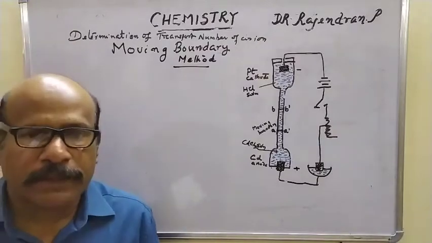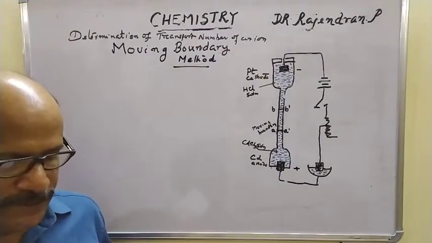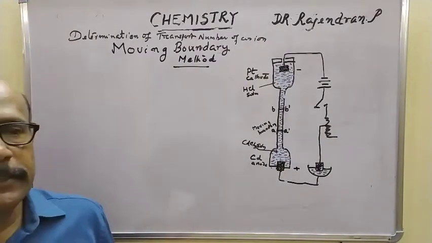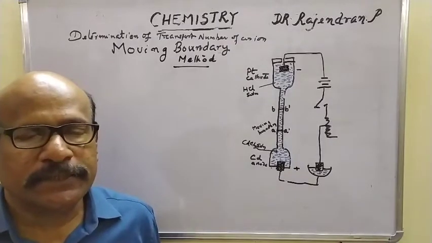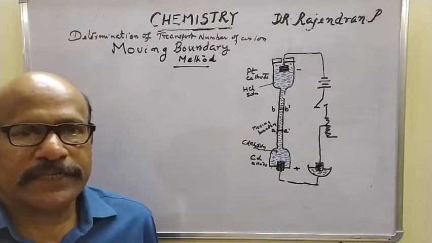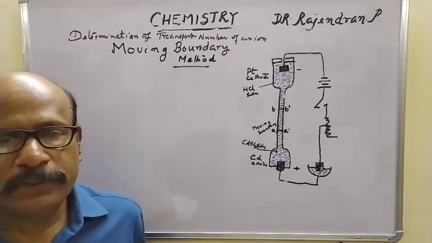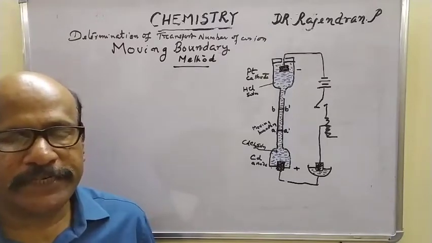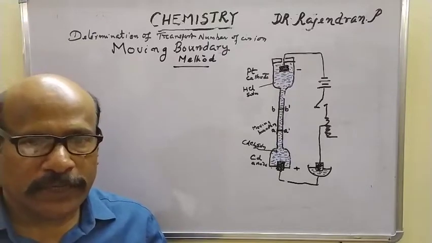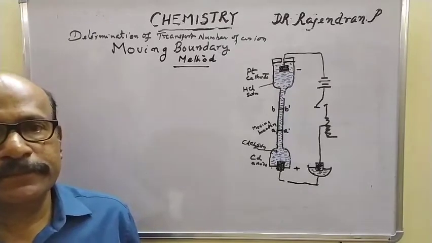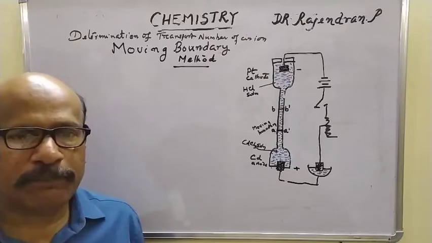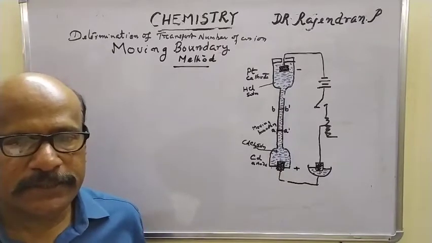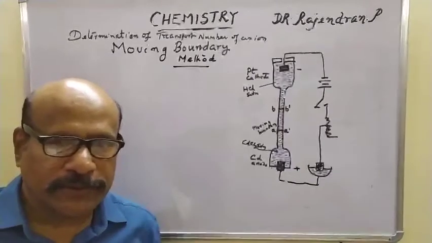So, the moving boundary method is the most direct method for the determination of the transport number of an ion, by following the movement of a boundary between two electrolytic solutions under the influence of an applied electric field. So that's the peculiarity of this method.